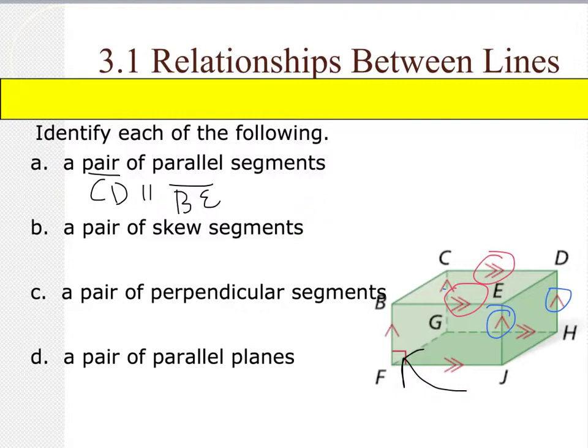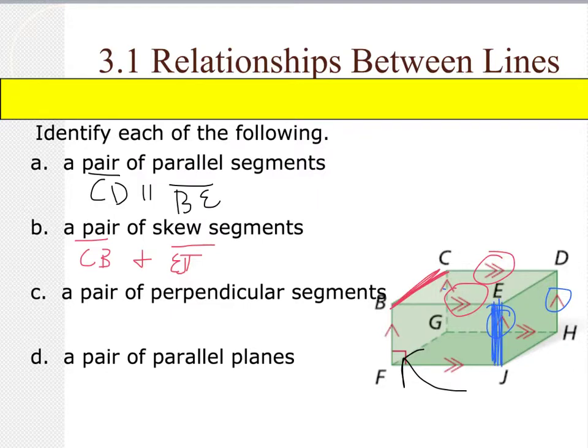Skew lines. If you look at a pair of skew lines, I'm going to stick with line segment CB and line segment EJ. So I'm looking at a horizontal line, and now I'm going to be looking for a vertical line that's on a different plane. So EJ right here.